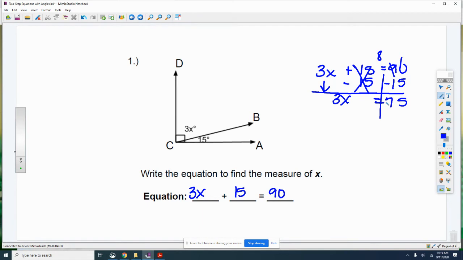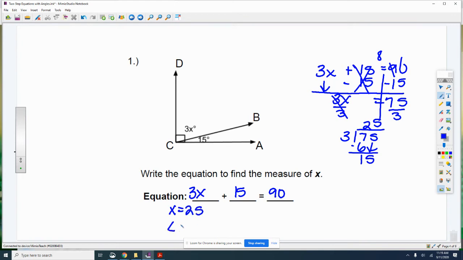And then I'm going to divide both sides by 3. Okay, so x equals 25.